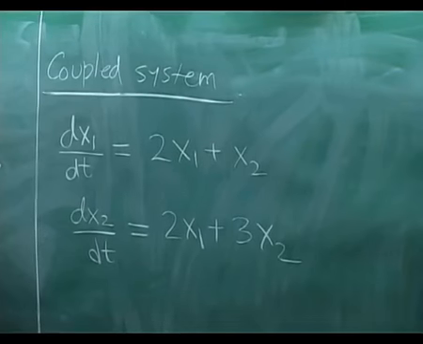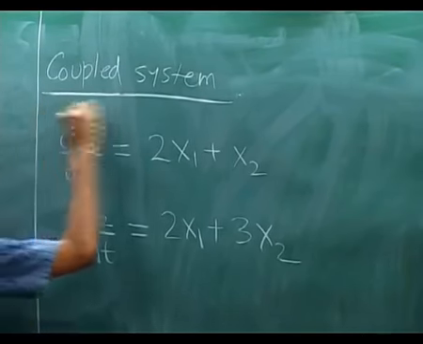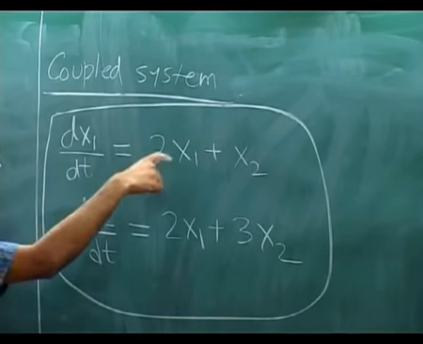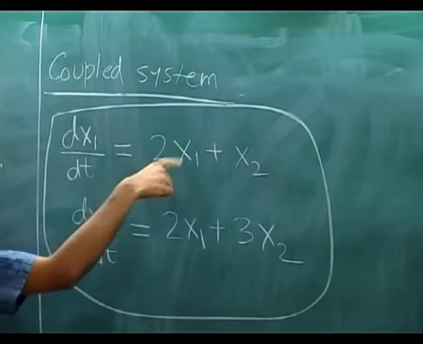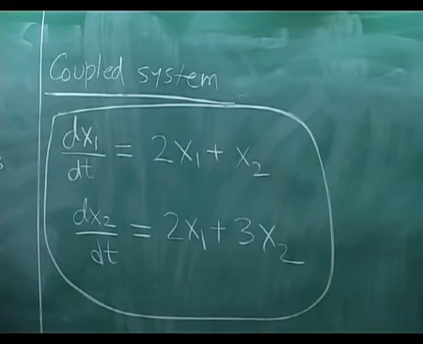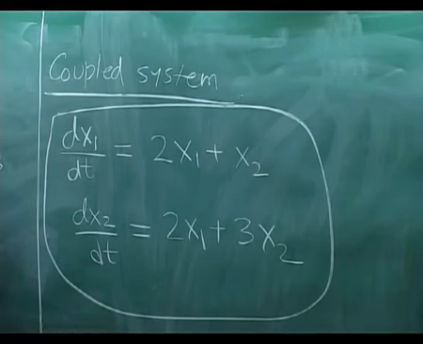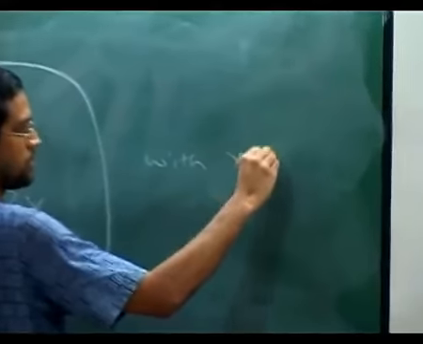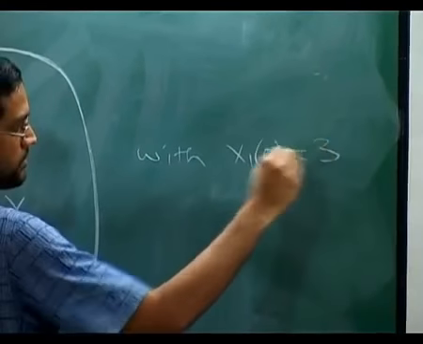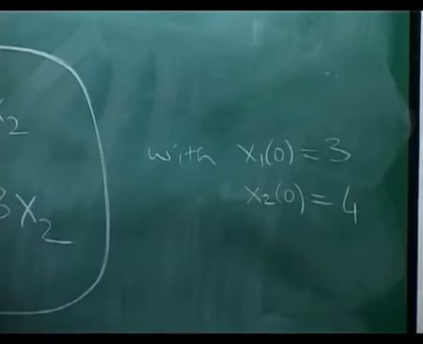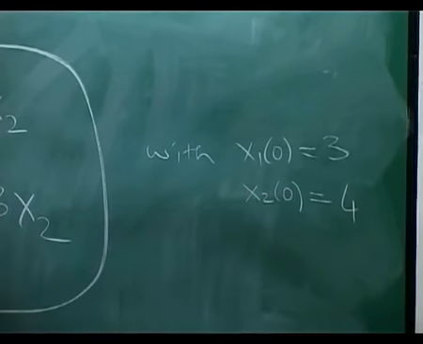I have two equations in two unknowns, but notice now that this is a coupled system in the sense that the equation for the derivative of x1 involves both x1 and x2, and the other one also involves both x1 and x2, right? And let's say I am given some initial conditions, x1 at 0 is something; this doesn't matter, I can choose any numbers I want. So try and solve this system, that would be our question.